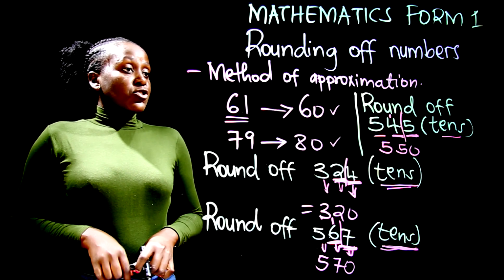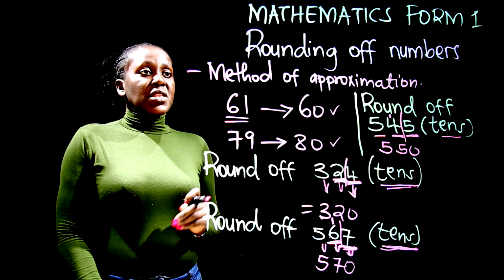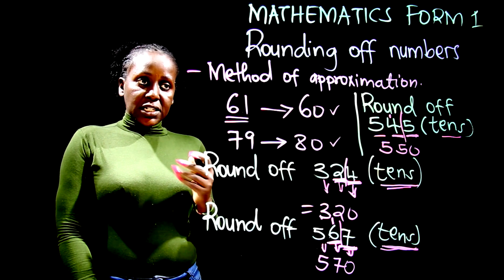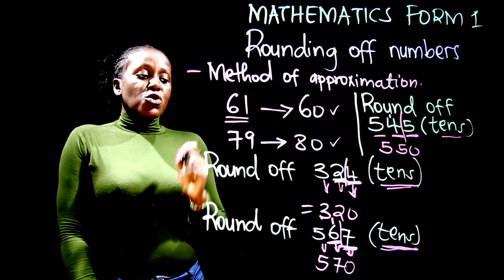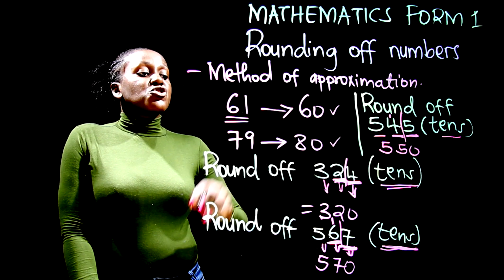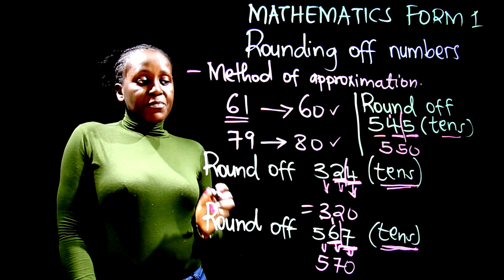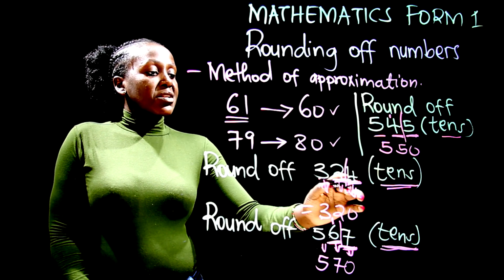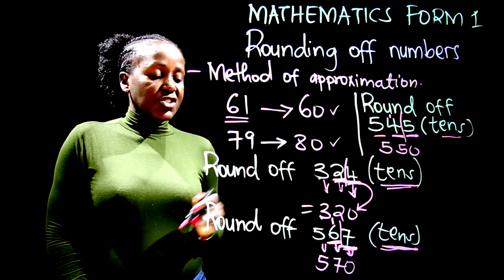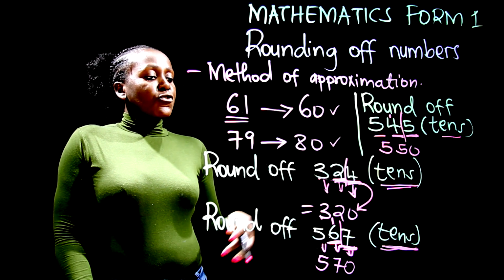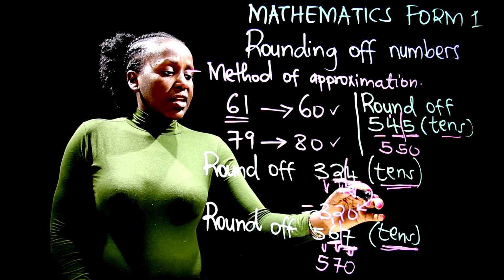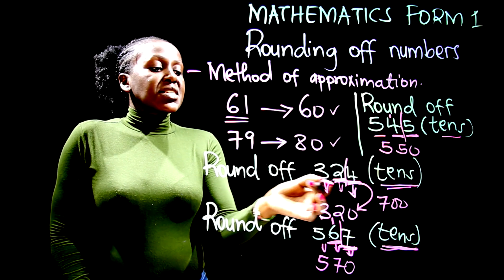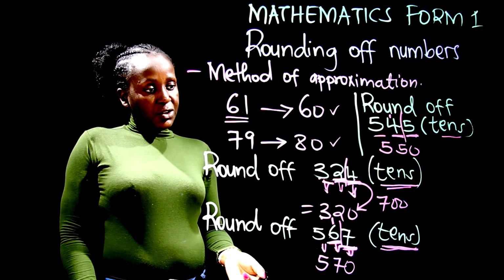Now every time you are doing approximation, whether it is through rounding off or truncating, always make sure that your answer makes sense. 324 makes sense to be rounded off to 320. If you got a funny answer like, let's say 700, it is impossible to approximate 300 into a 700, okay?